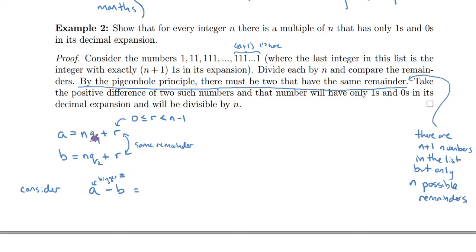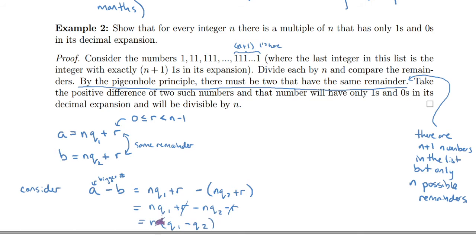I can substitute my two equations: nq1 plus r, minus nq2 plus r. If I do the subtraction, you get nq1 plus r minus nq2, and then the negative gets distributed, minus r. The remainders cancel because they were the same, so the difference is n times (q1 minus q2).